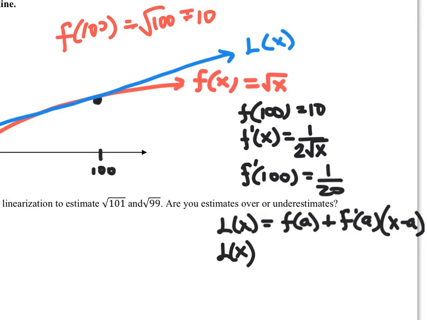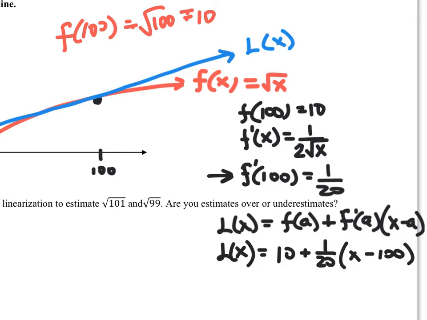So this function, f of a, well, that'd be f of 100. So that would be 10 plus the slope at a, which would be the slope at 100, which would be 1/20th, times x minus 100.